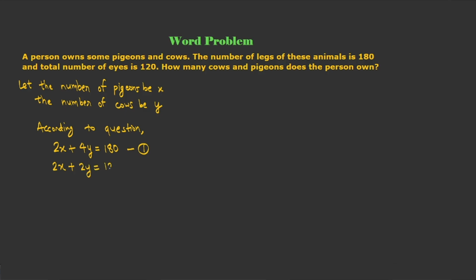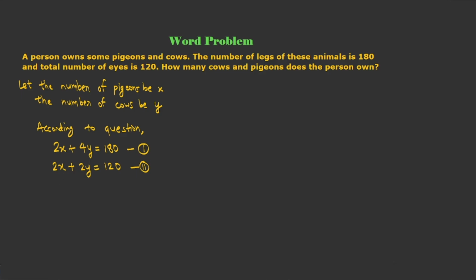And the total number of eyes given to you is 120. Now you have two equations. You can solve them by any method: either the graphical method, or the substitution method, or the elimination method. I am solving it by the elimination method.